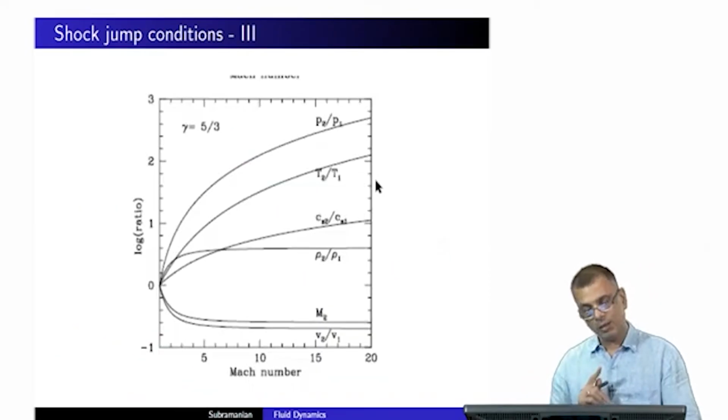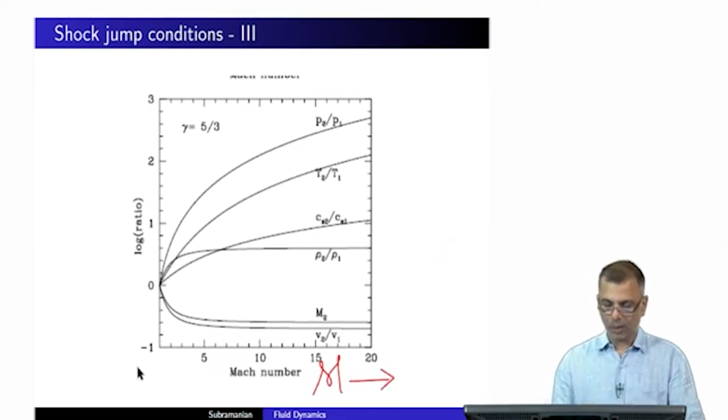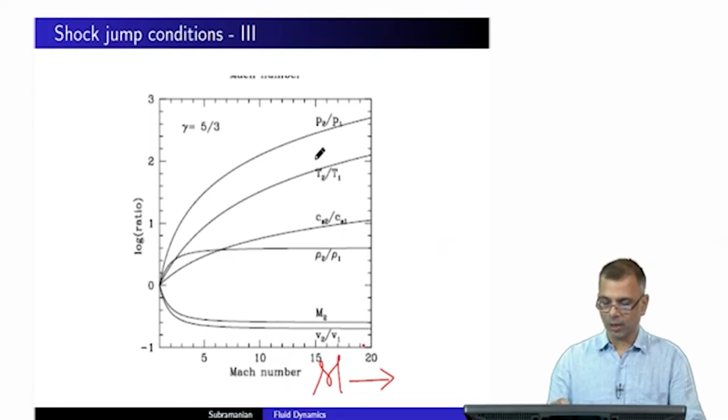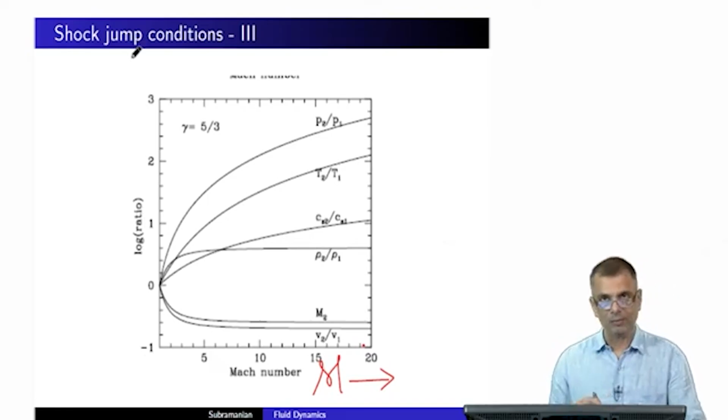Since these ratios are functions only of the Mach number m, the Mach number is plotted on the x-axis and the ratios are plotted on the y-axis. The pressure jump ratio, the temperature ratio, the jump in the sound speed, the jump in the density, all of these are plotted on the y-axis.